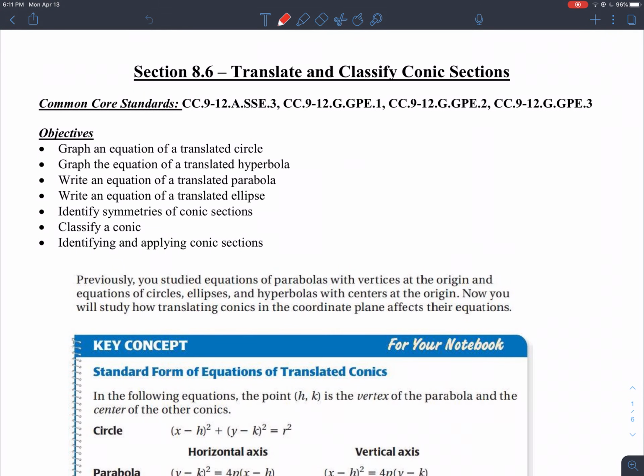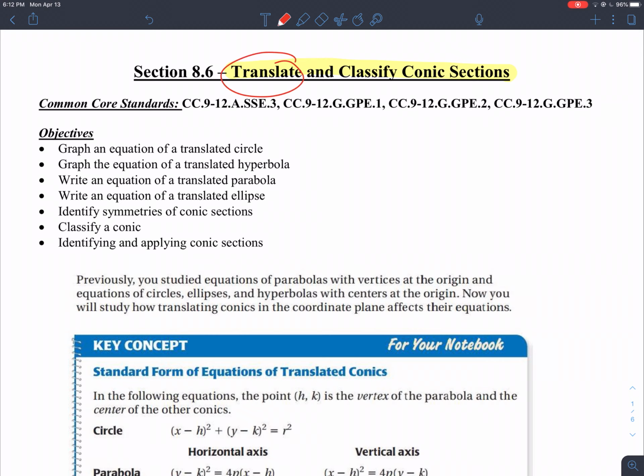All right, so our task today in section 8.6 is to translate and classify conic sections. So we've been working with all of our conic sections centered at the origin. Now we're going to work with conic sections that are not centered at the origin, that are translated, as this title implies.